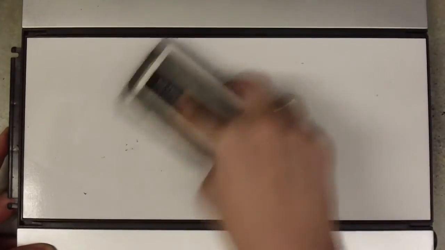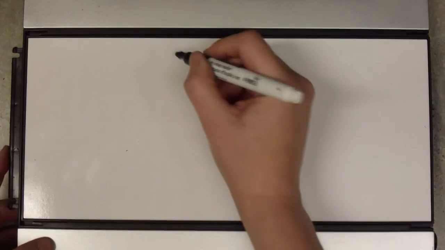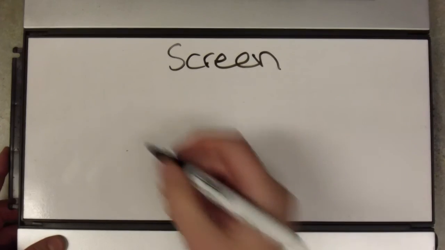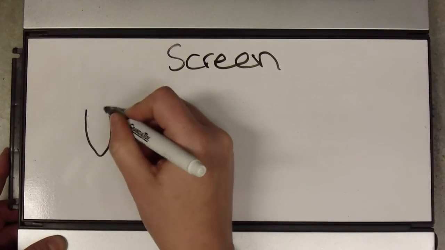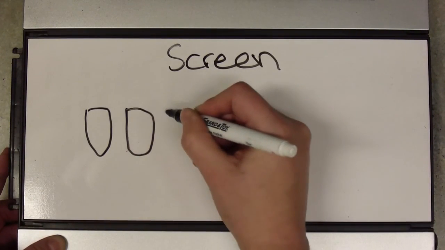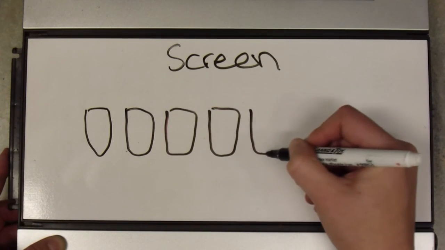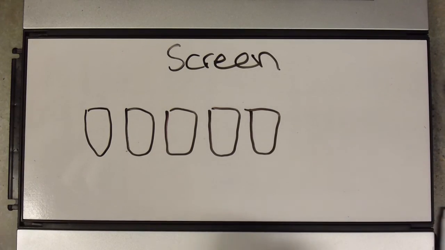Now let's talk about the screen. The antibody screen is also similar to the indirect immunoglobulin test that we did, or antiglobulin test. So for a screen, what we want to do is find out whether the patient has any other antibodies present in their serum that could react with donor red blood cells.